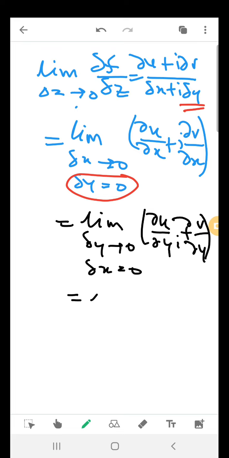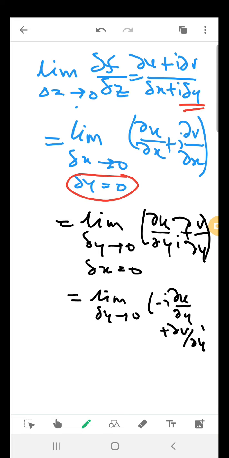So it will be equal to minus i del u by del y plus del v by del y.